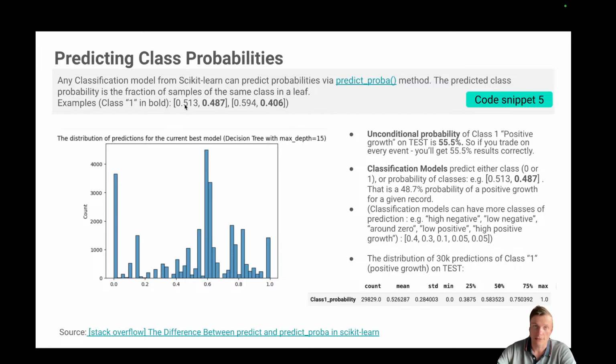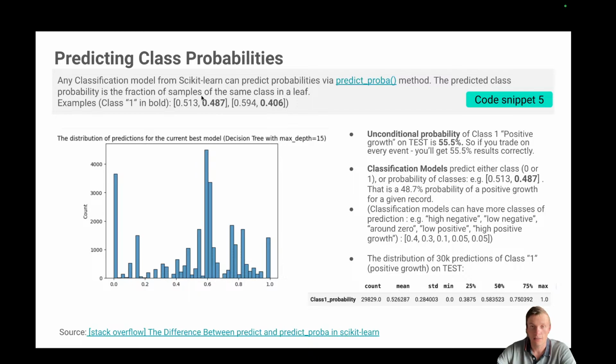The first prediction is for class 0 and the second prediction is for class 1, and it says that 51% is the prediction for class 0 and 48.7%, so they total 100%, is the prediction for class 1.